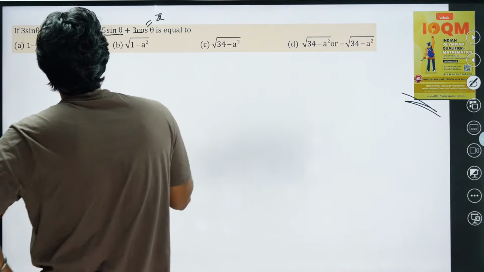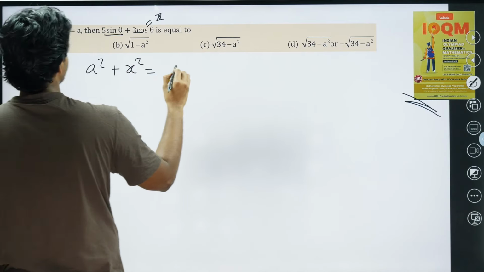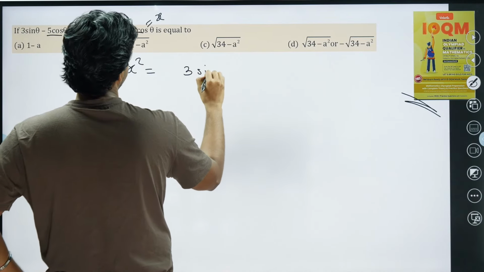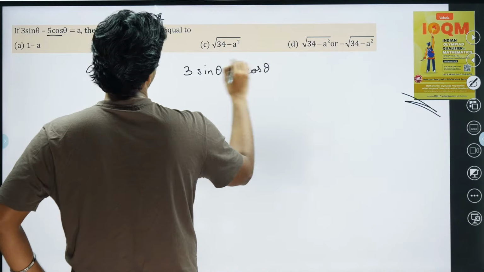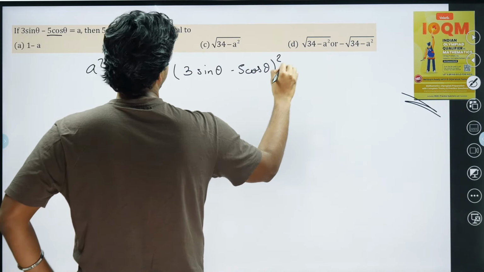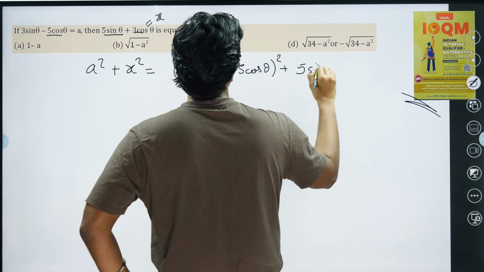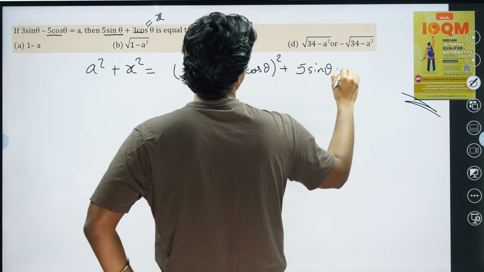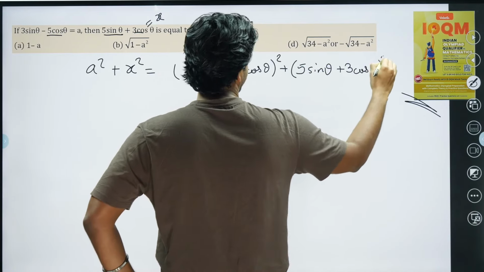So my a square plus x square will be (3 sin theta minus 5 cos theta) plus (5 sin theta plus 3 cos theta) whole square.